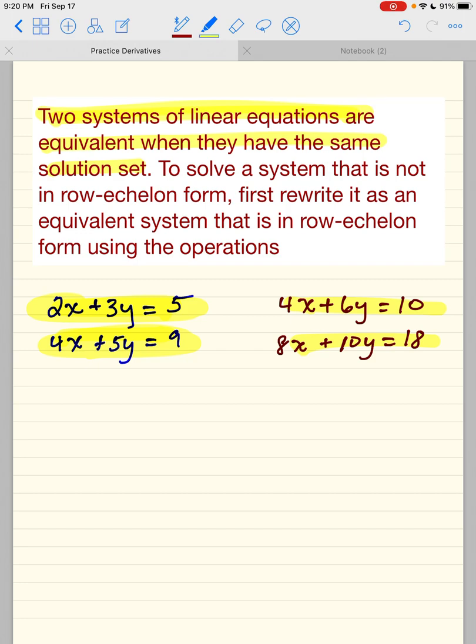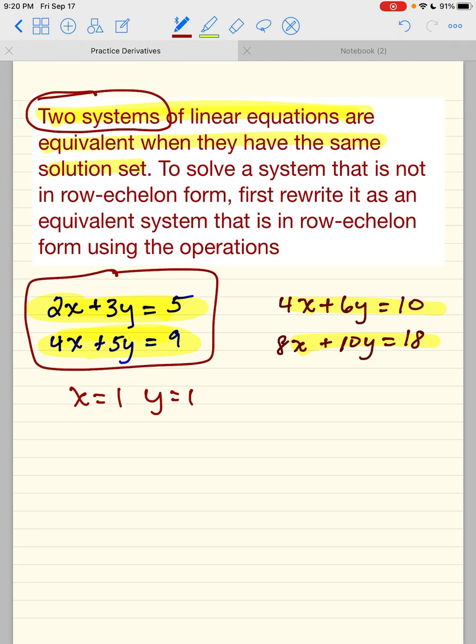Take a look at it. Of course they are. They both will yield x equals 1, y equals 1. So you might say, well, a lot of things will give me 1, 1, but two systems are equivalent when they give you the same solution set.